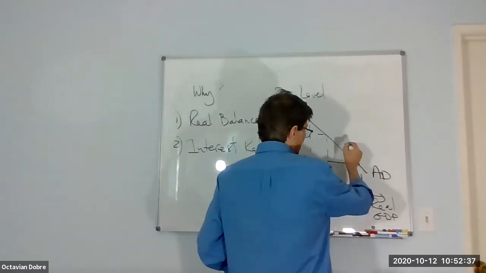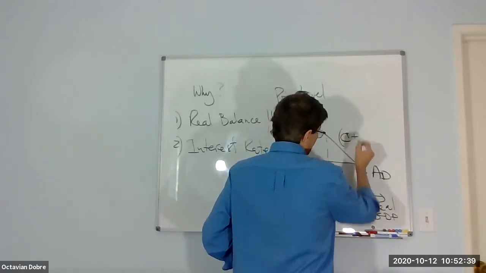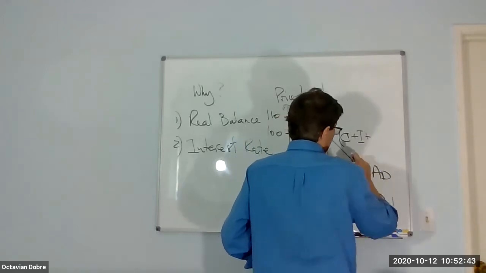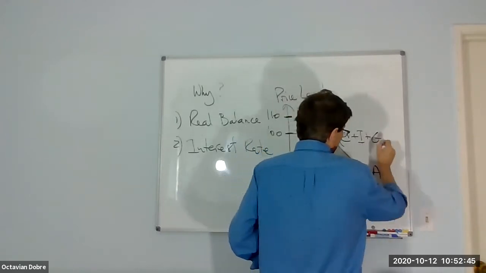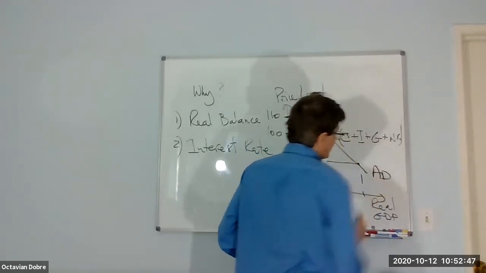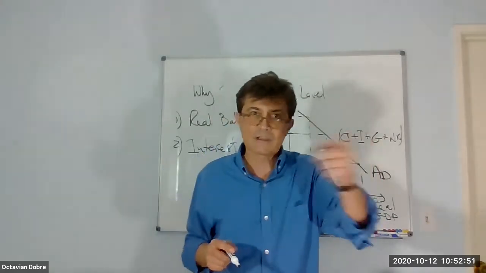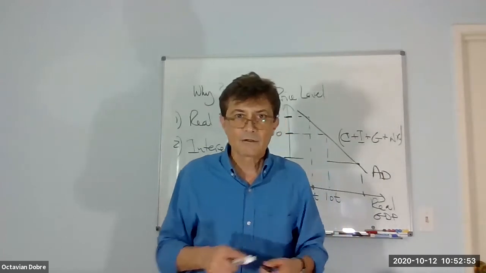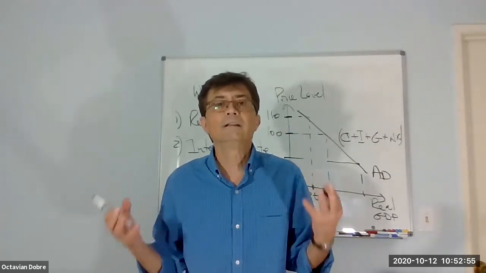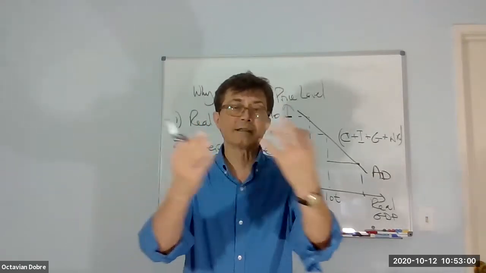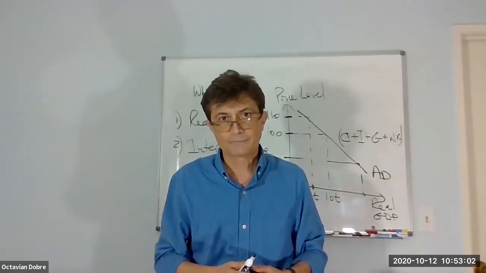Well, it's coming from our consumption, business consumption, government consumption, and net foreign consumption, exports minus imports. So that's where the demand for goods and services comes from: us, businesses, government, and foreigners.